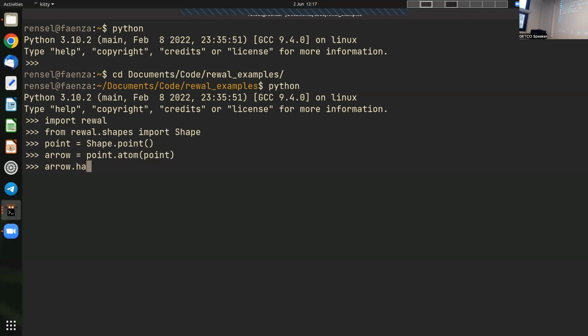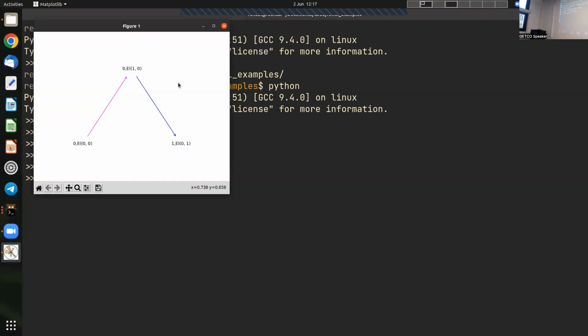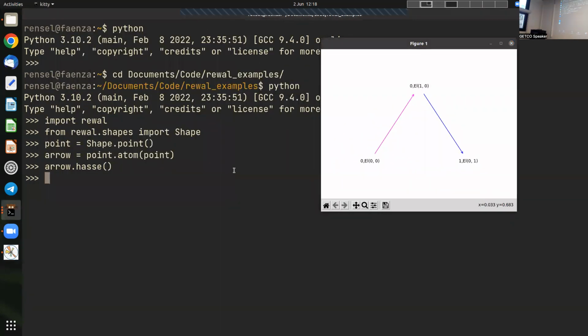Now you have some visualization. This would be the arrow, as this kind of oriented poset here. The pink arrows correspond to inputs, and the blue arrows correspond to outputs. The inputs are reversed, and the idea is that I'm trying to capture this flow from inputs towards outputs.